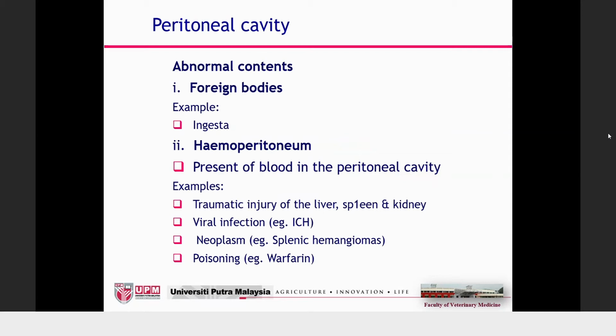So the content can be a foreign body. I mentioned earlier ingesta, and this ingesta commonly comes from the GIT. When there is a perforation, for example a fungal infection in the rumen, then in chronic conditions the rumen gets perforated, which leads to exposure of all the ingesta present in the rumen into the abdominal cavity. So you can expect to see ingesta.